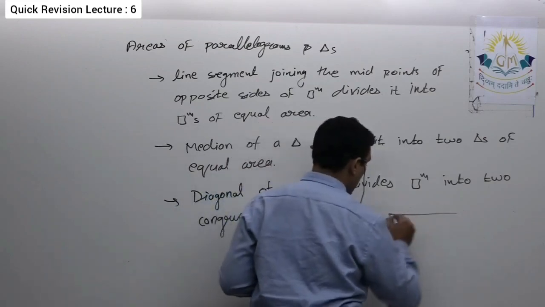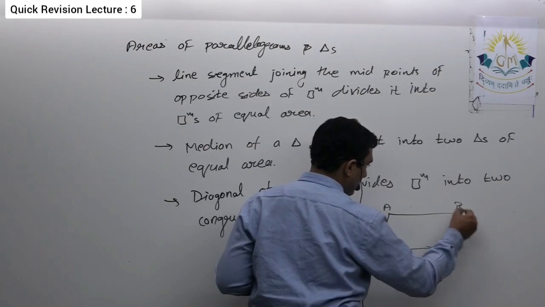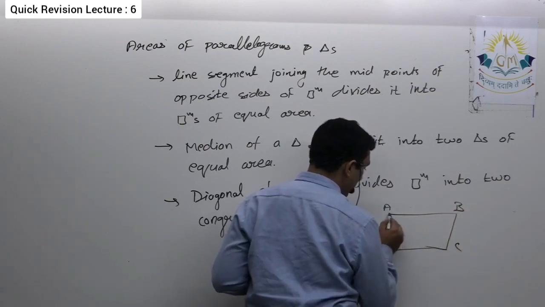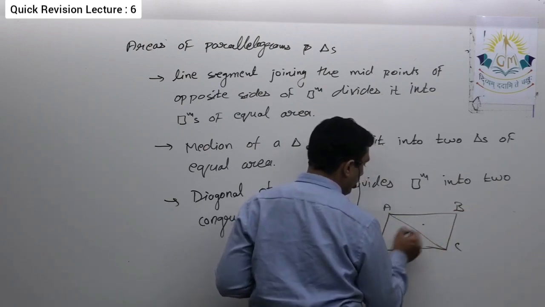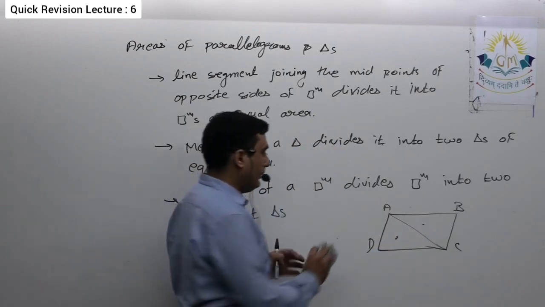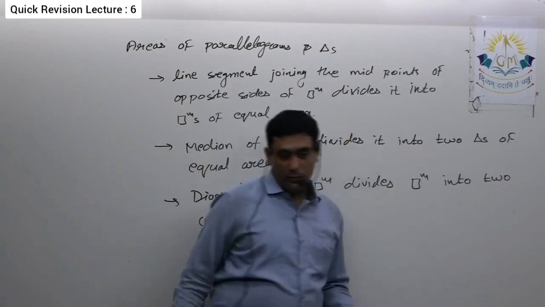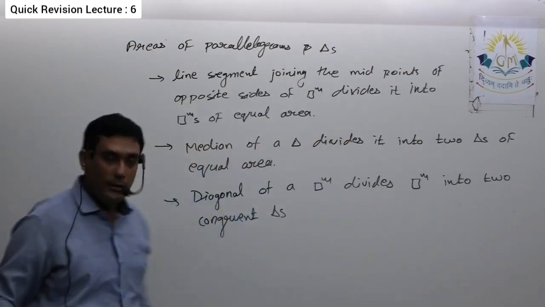That means suppose we have a parallelogram ABCD and we draw diagonal AC, then we can say these two triangles are congruent. Triangle ADC is congruent to triangle ABC. And we also know that triangles which are congruent are equal in area.